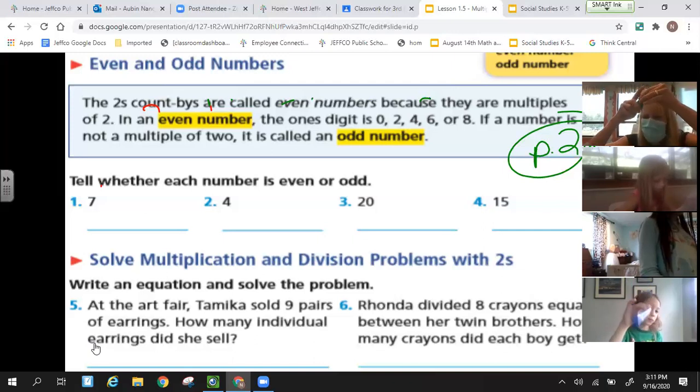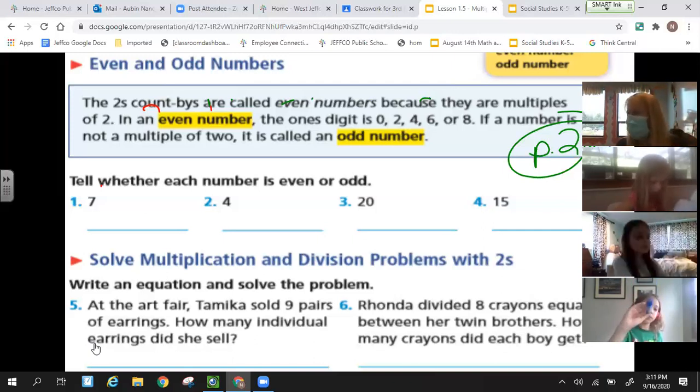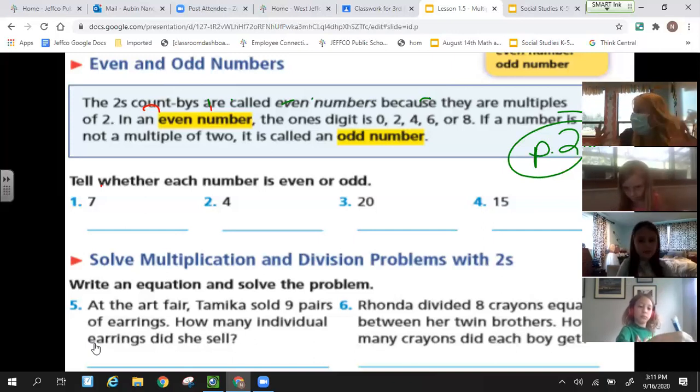They're even numbers. So just to remind you, when you count by 2s, what are you really counting by? 2, 4, 6, 8, 10. What are we counting by? We're counting by 2s, but they're what kind of numbers?